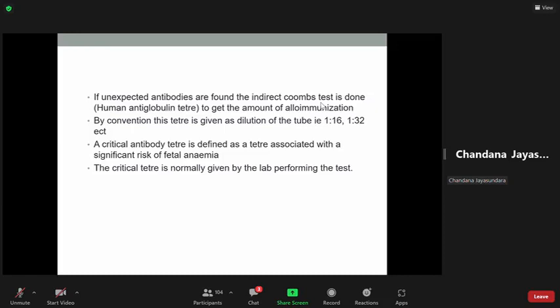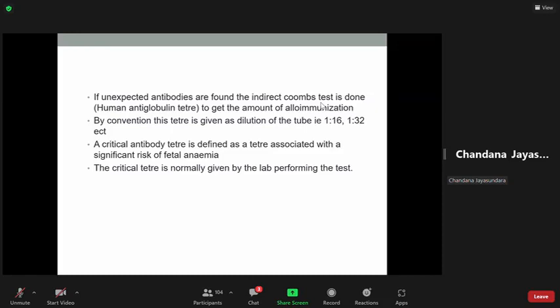And once it goes beyond the critical titer, then the baby can develop anemia. Now, the critical titer will be given by the lab. The lab will do this test and tell us, okay, the mother has developed antibodies and the mother's antibody levels are at a critical level. When it is at a critical level, then we know the baby can be damaged. Now, how much the damage is, is our next question.